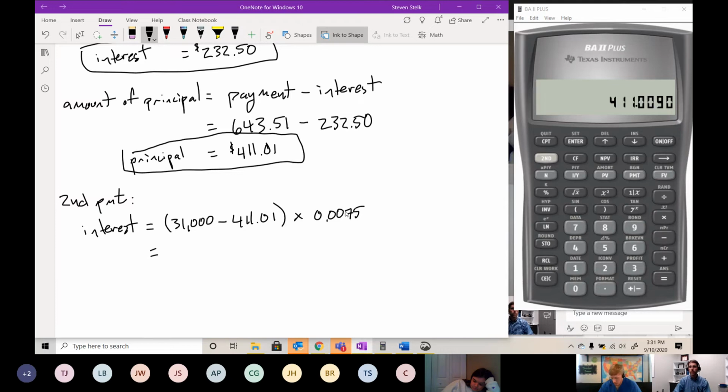All right, so when we look at the second payment, we calculate the loan balance in the second month, and it's no longer 31,000, it's $30,588.99. And we multiply that times the monthly effective rate. And the amount of interest that we owe is a little bit less.